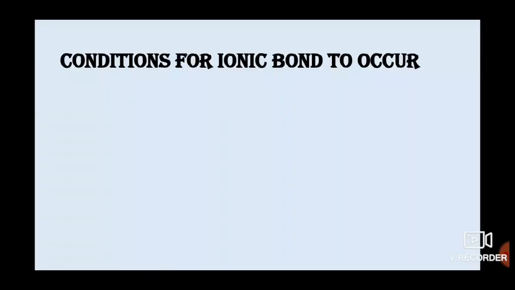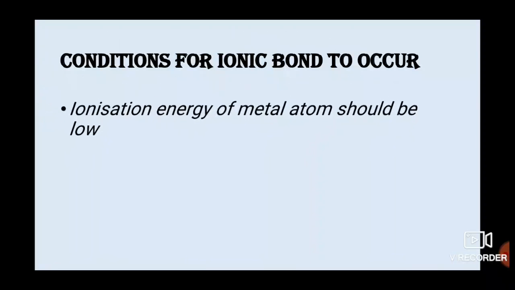So conditions for ionic bond to occur. What are the conditions which are favorable for the ionic bond to occur between two atoms? The first is, ionization energy of metal atom should be low. The metal atom should have low ionization energy so that it becomes easy for it to lose its electron and become a cation.